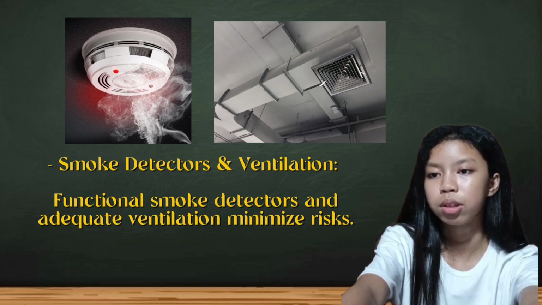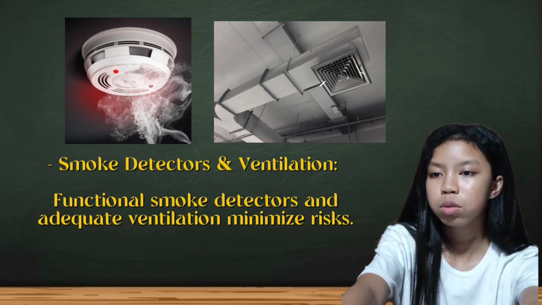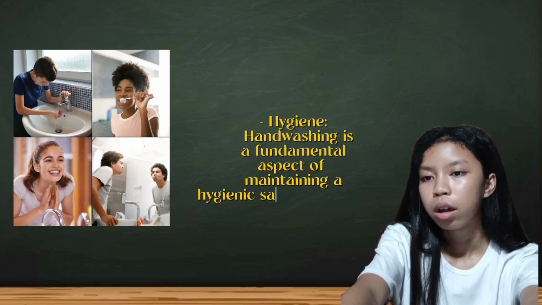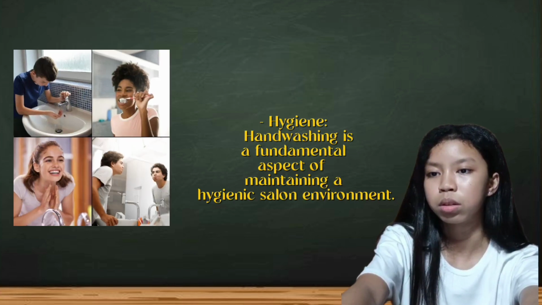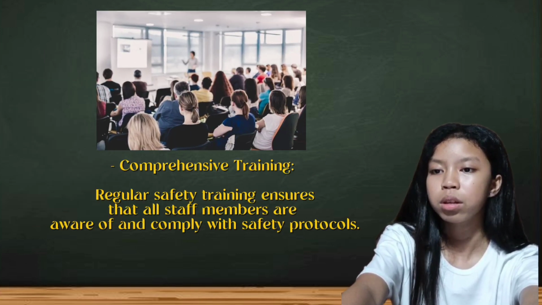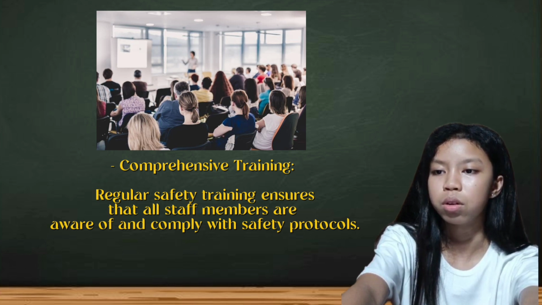Smoke detectors and ventilation. Functional smoke detectors and adequate ventilation to minimize risks. Hygiene. Hand washing is a fundamental aspect of maintaining a hygienic salon environment. Comprehensive training. Regular safety training ensures that all staff members are aware of and comply with safety protocols.